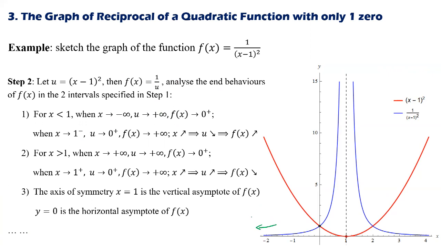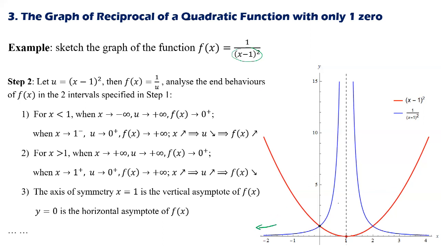When x approaches negative infinity, the denominator here approaches positive infinity, right? And then the reciprocal of a positive infinity approaches 0 from the positive side, right? So this function will have a pattern like this. See the blue curve here.